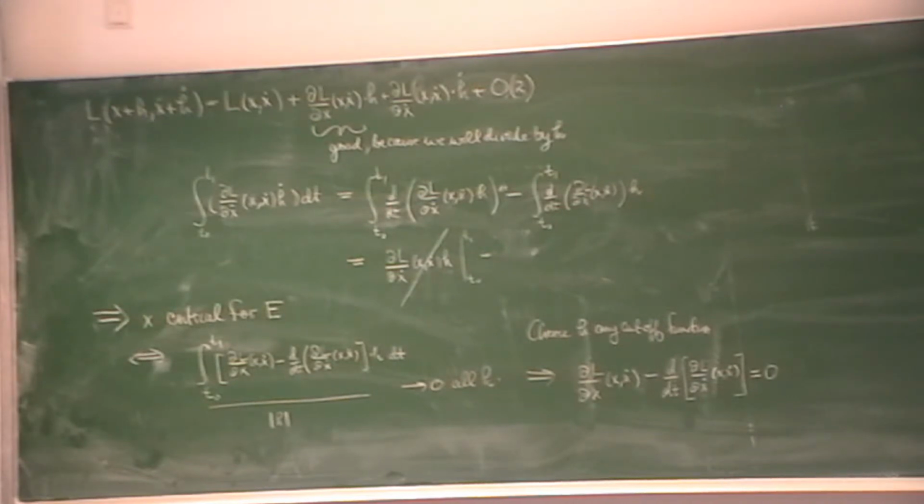Okay. I have to define what it means to ask something to be critical for E. And I say that something is critical for E if its derivative vanishes. Okay? That's the definition of critical point. I have to define in some way what the derivative is.